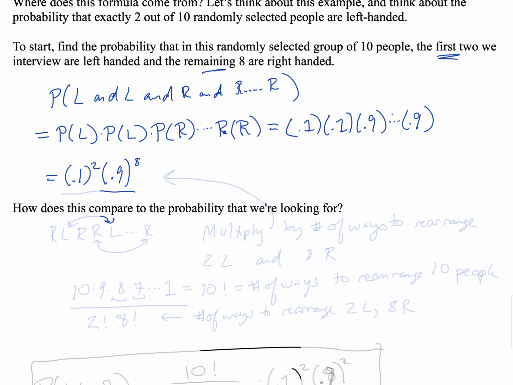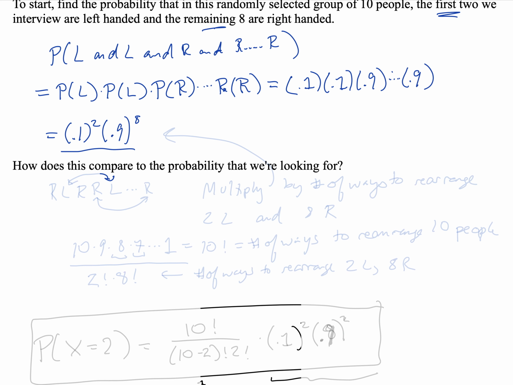So this is just one way for there to be 2 left-handed people out of 10 individuals, and this is like having it in that order. But we could also have had a right-handed person and then a left-handed person and another right-handed person, left-handed person, and so on, right-handed person.